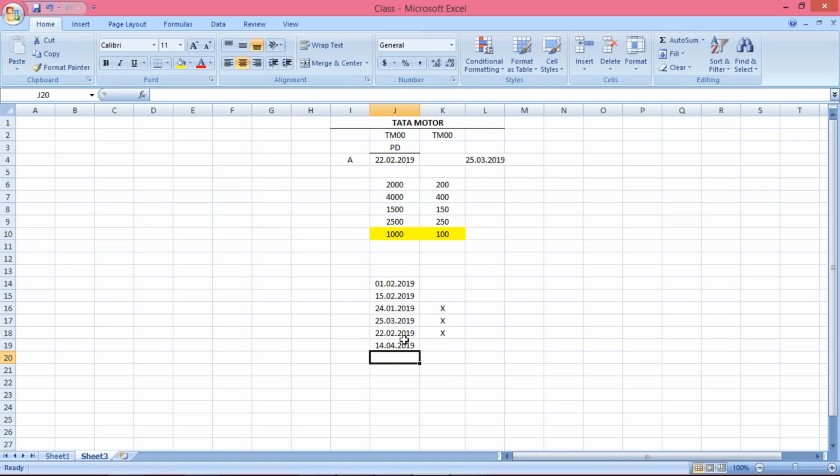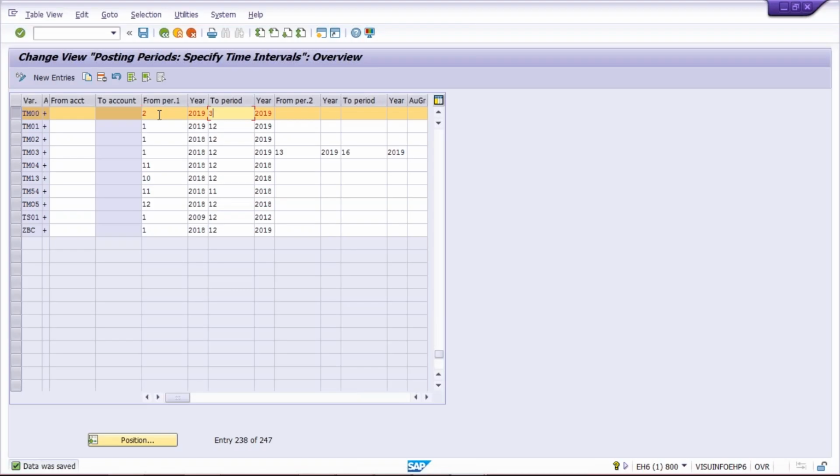This is a mistake which we have made unknowingly, but once you give 04, the system will immediately check whether 04 is open or not. No, it means this April month is not open.